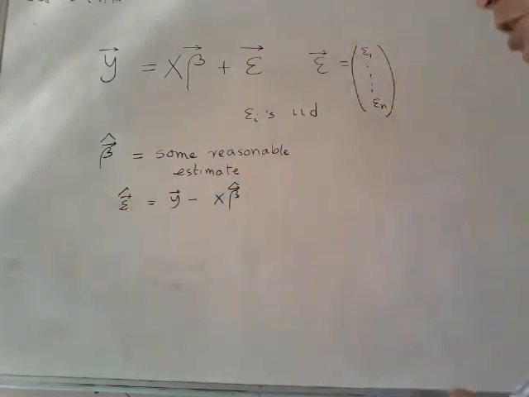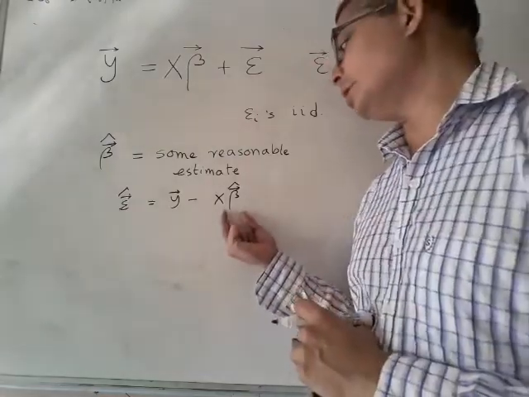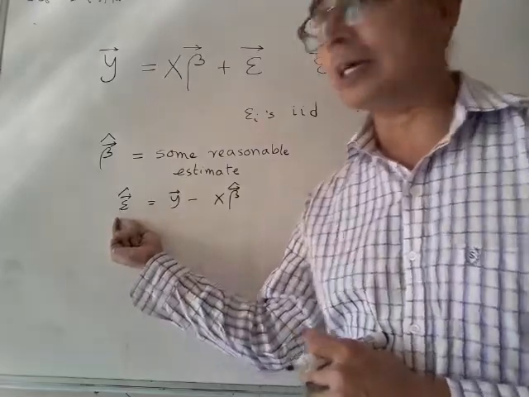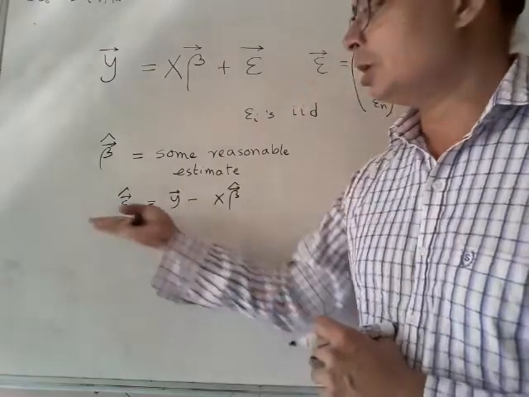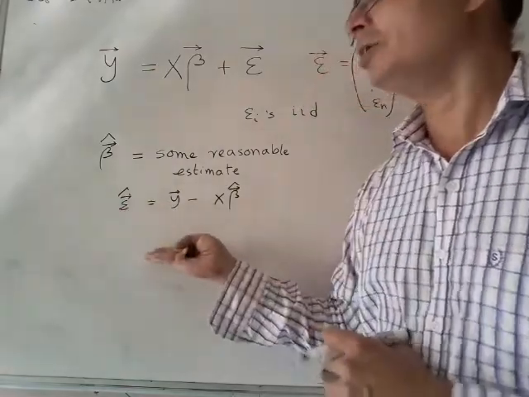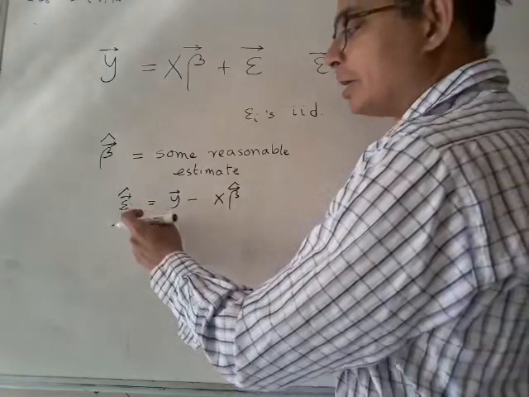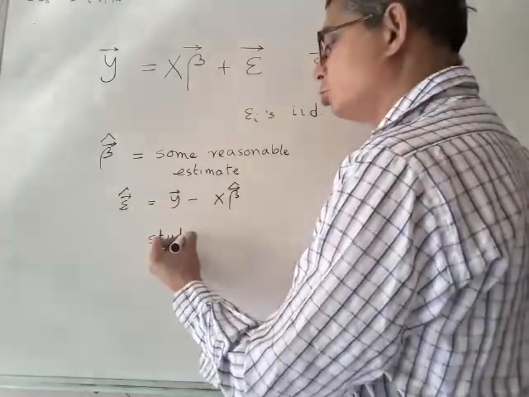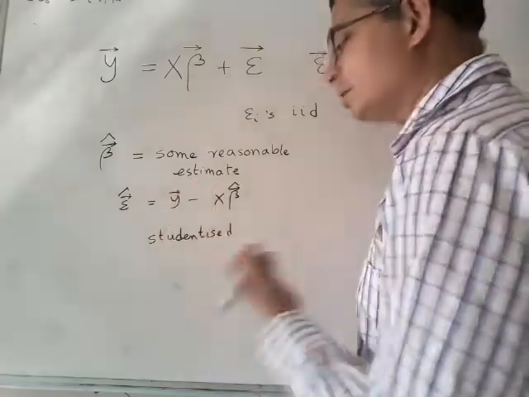Now sometimes you are happy to do this. Sometimes you might say you have done it using least squares and you feel uncomfortable because they do not all have the same variances. You might like to divide them by some estimate of the standard deviation, to what is called studentize them. So you might either use them as they are or you might studentize them. There are different ways of doing this.